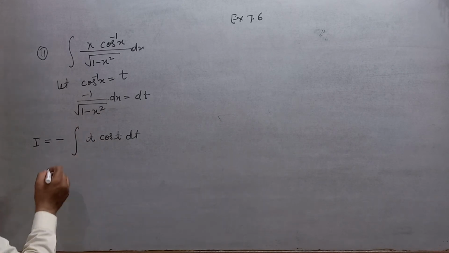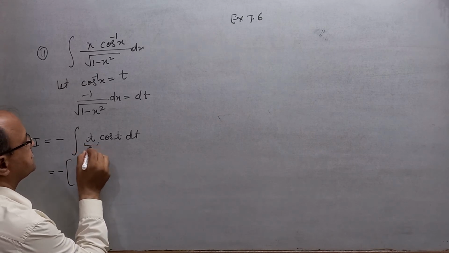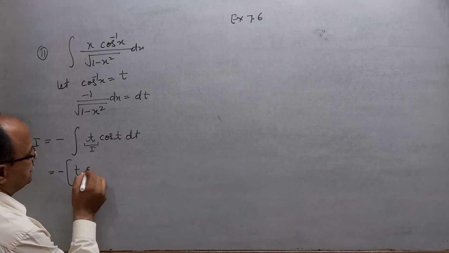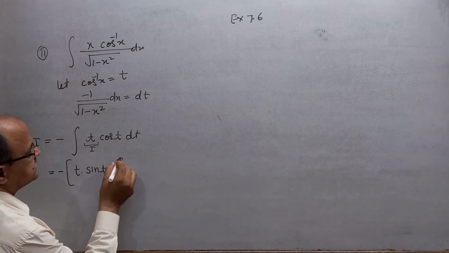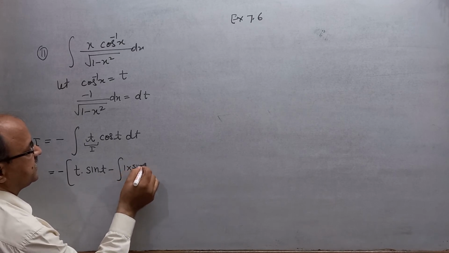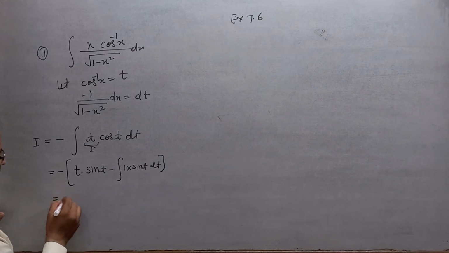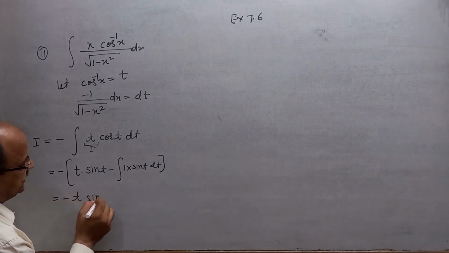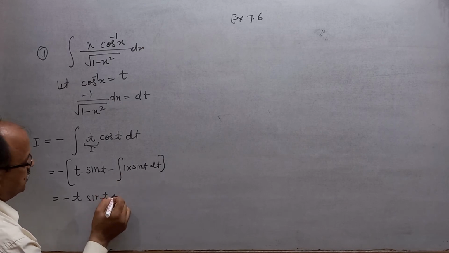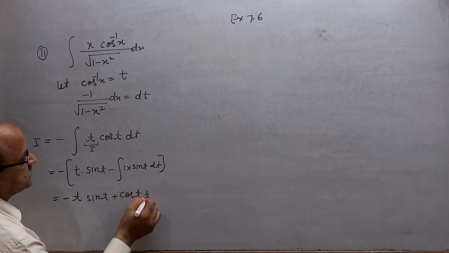Okay? Now integration by parts. First function, this is first and this is second. First function as it is, integration of cos t, that is sin t, minus derivative of t is 1, sin t dt. So minus t sin t, and integration of sin t is minus cos t, plus c.